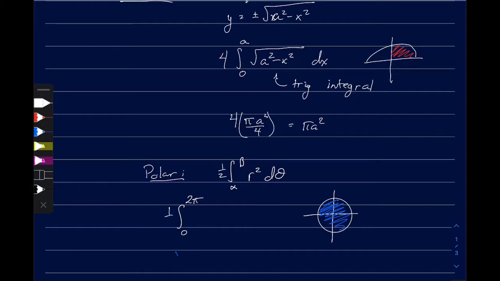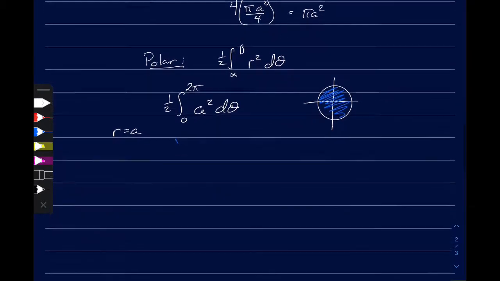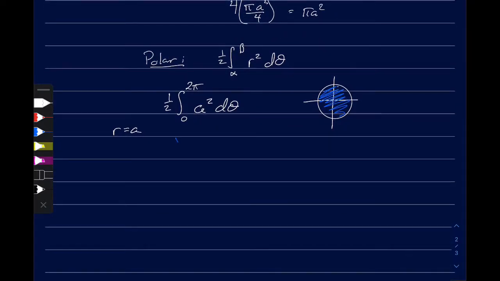And now we also know that's 1/2. So let's pull that 1/2 on the outside, because it's just a constant. And we know that r is equal to a. So this is 1/2 a squared d theta. a is just a constant, so let's pull it out. 1/2 a squared, the integral of 0 to 2 pi of d theta. So we have 1/2 a squared times 2 pi minus 0.